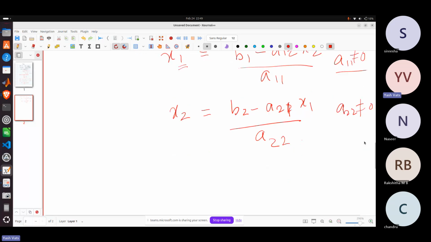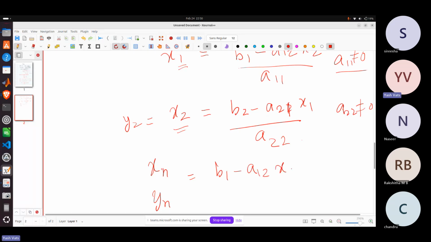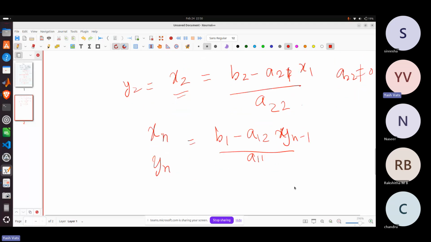In this case, you replace x2 by y2, something like this. Then x_n and y_n depend on y_{n-1} divided by a11, and x_{n-1} divided by a22.